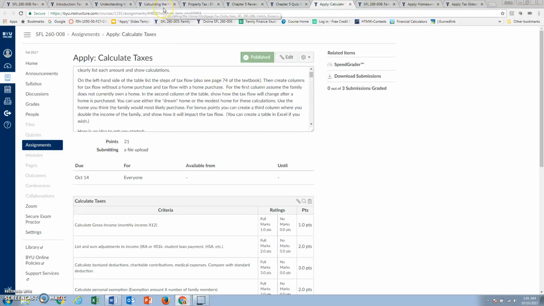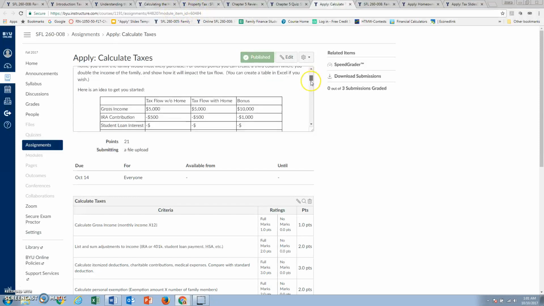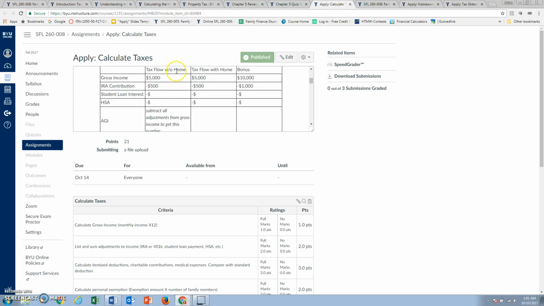You'll understand how to calculate your home mortgage deduction and the property tax, and you'll create one column on this table that is what the tax flow would look like, assuming that you have not purchased a home, that you're not paying toward a home mortgage.